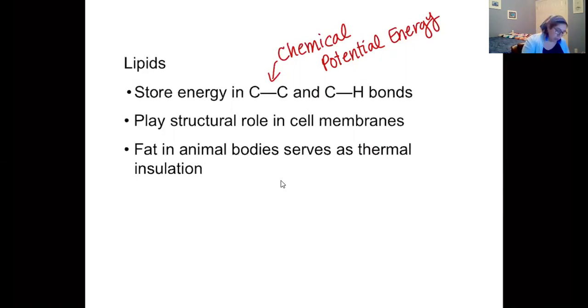Another important thing about lipids is that they can also include a type of molecule that is derived from cholesterol. Now, cholesterol doesn't have the same monomer as phospholipids or triglycerides when you remove their extra fatty acid chain, but they're still considered lipids because they are not soluble in water.